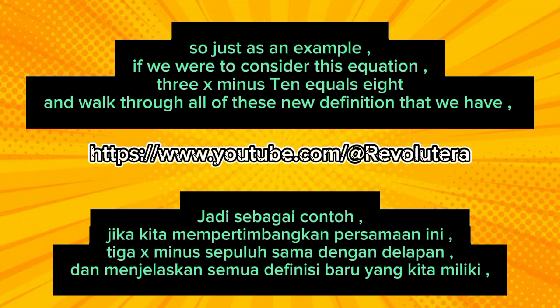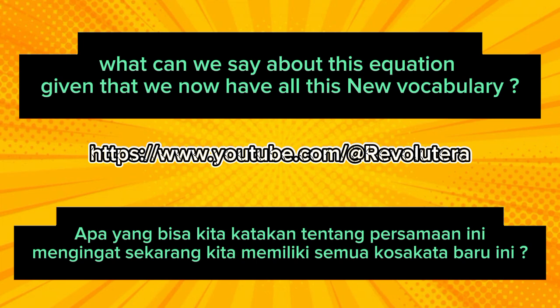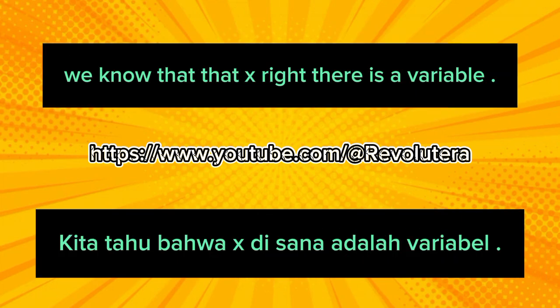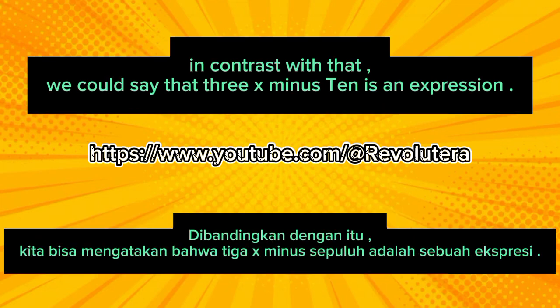So just as an example, if we were to consider this equation, 3x minus 10 equals 8, and walk through all of these new definitions that we have, what can we say about this equation? Given that we now have all this new vocabulary, we know that x right there is a variable. In contrast with that, we could say that 3x minus 10 is an expression.